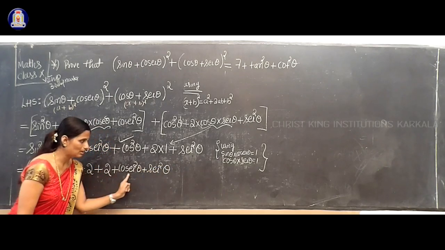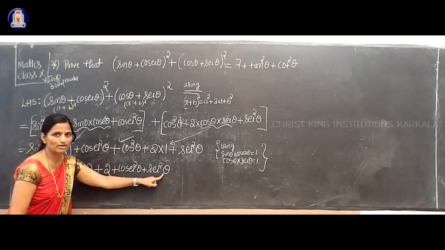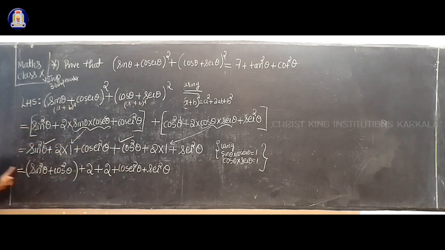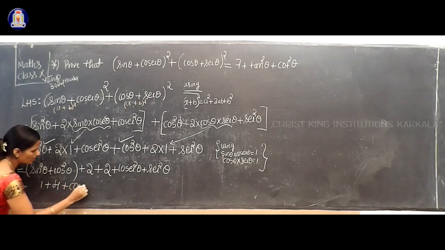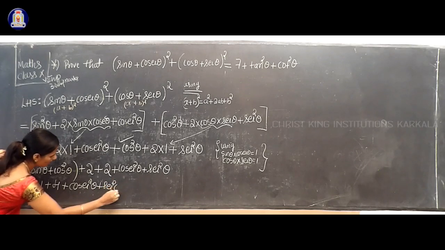Is it possible to combine here? Do you have a formula that cosecant square theta plus secant square theta is equal to 1? No, right? So don't combine these two. Now sin square theta plus cos square theta is 1, plus 2 plus 2 is 4, plus cosecant square theta as it is, plus secant square theta.